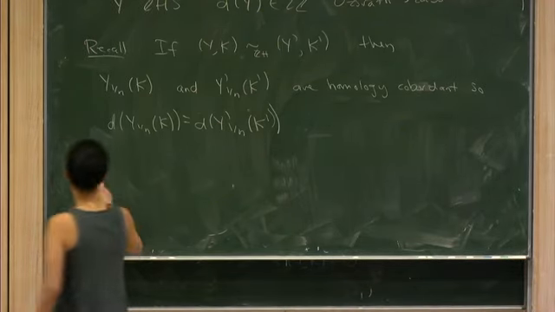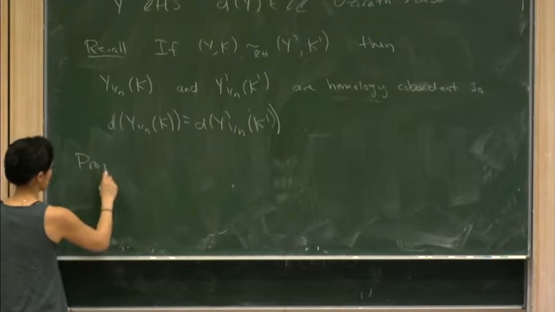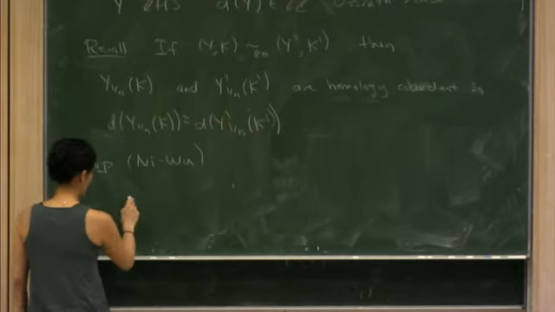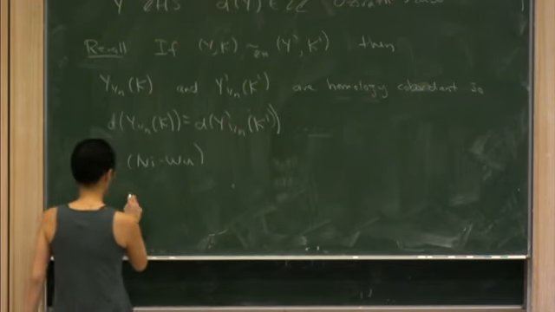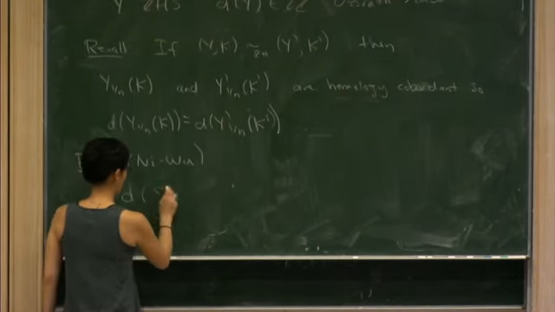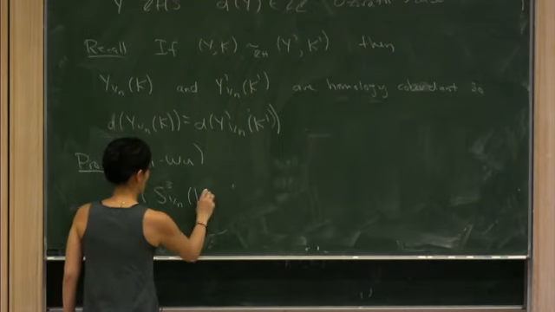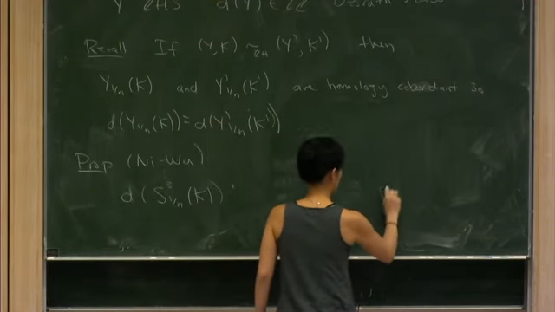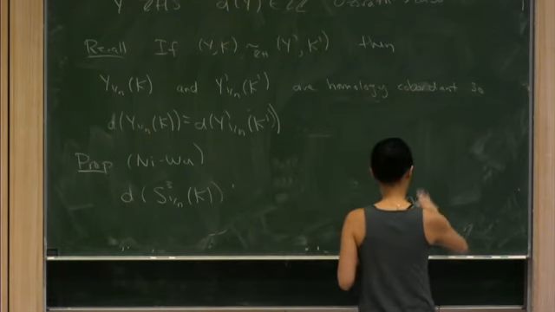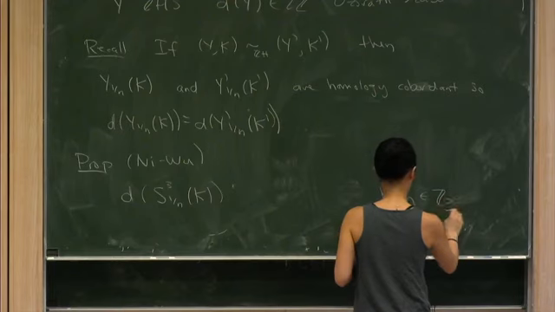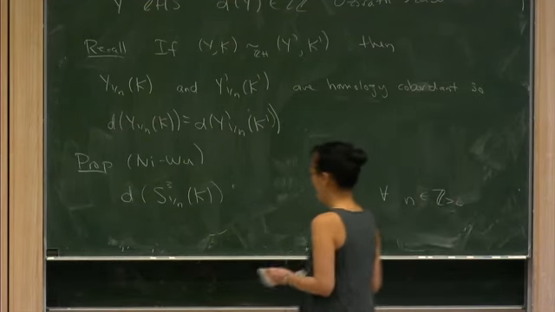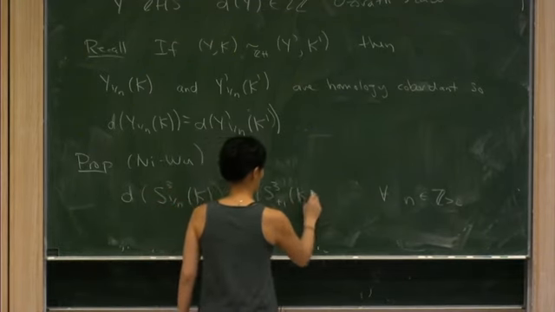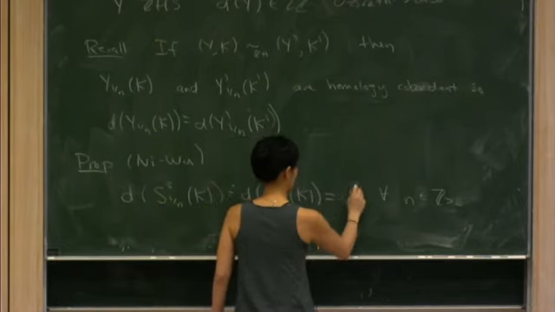So then we use the following proposition due to Ni and Wu, which says that if you do 1/n surgery along a knot in S^3, where let's say n is positive, well, this is the same as the d invariant of +1 surgery along K, which let's just call d plus.